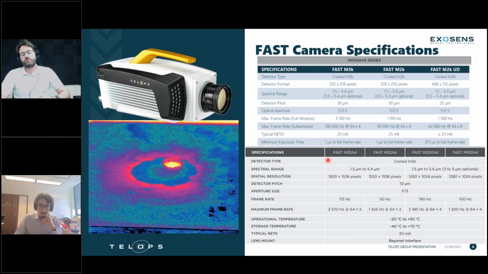Otherwise, if you really want to push that spatial resolution as much as possible, if you don't have a particularly high speed phenomenon, then you can go into the HD range, which are really large detectors that offer a resolution as high as 1920 by 1536 pixels for one image.